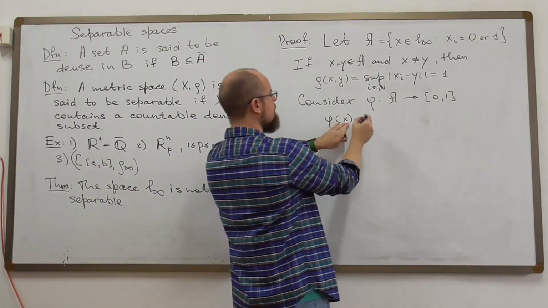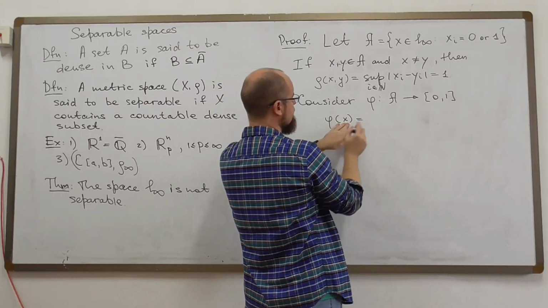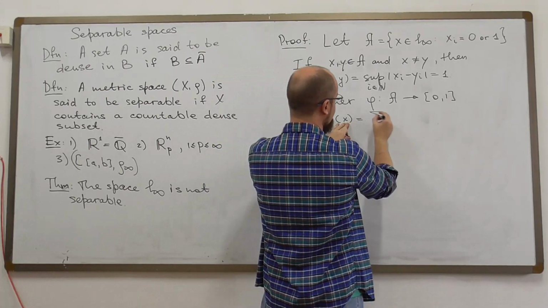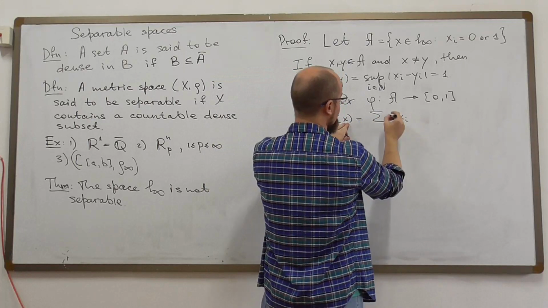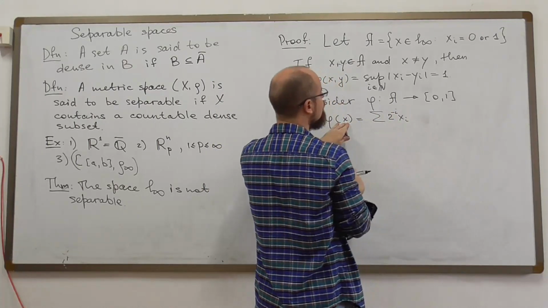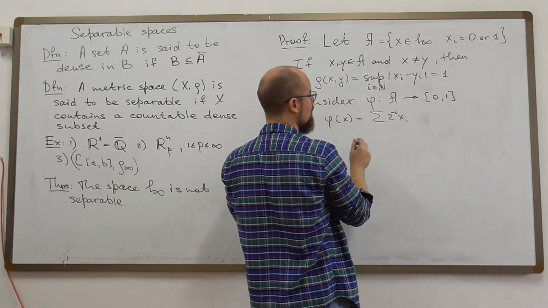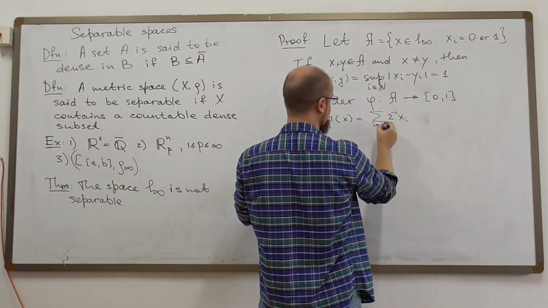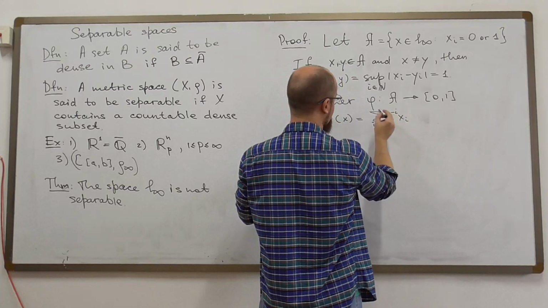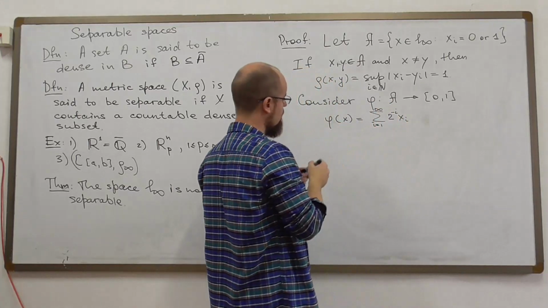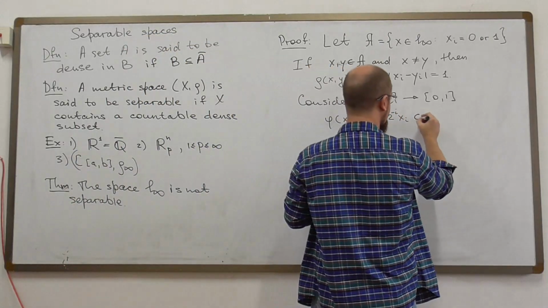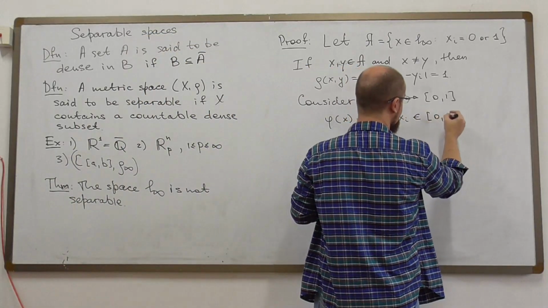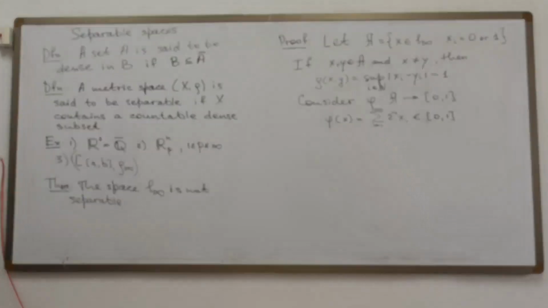The value of this mapping on a sequence x will be: we will take the coordinates of x and multiply them by 2 to the power of minus i, and sum. So this expression, in fact, belongs to [0, 1].